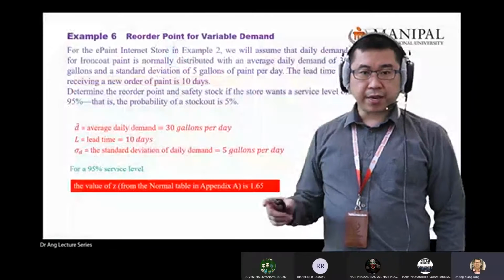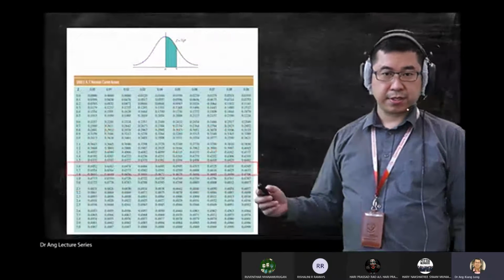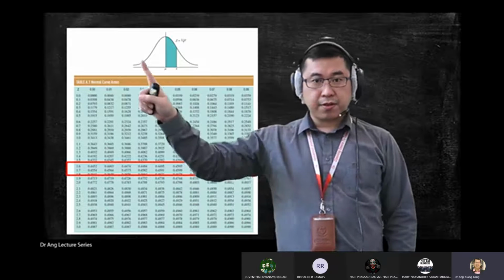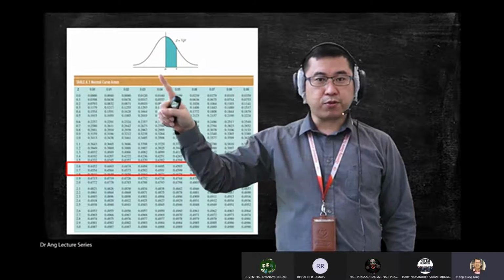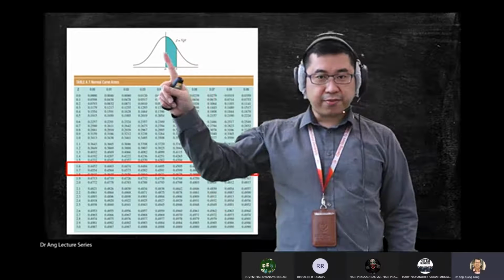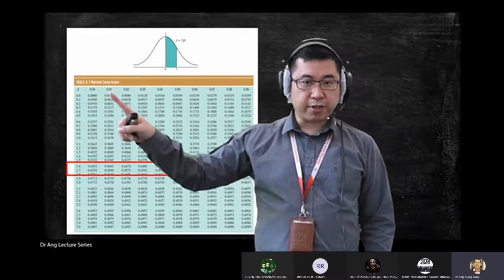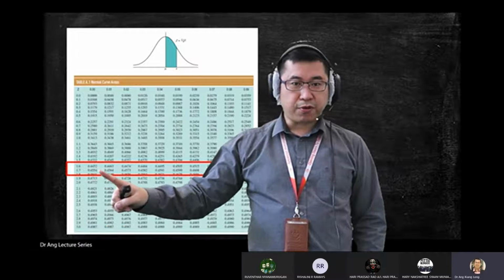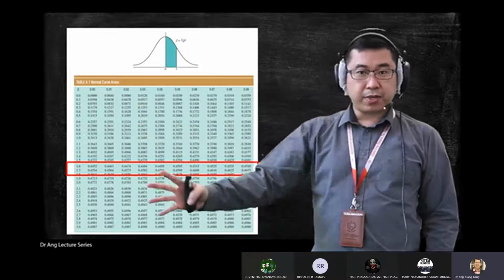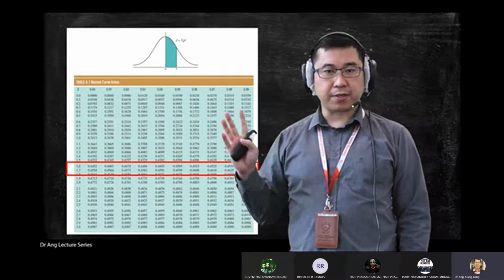So where is 95%? You want to find 95%, so how do you get it? You know the whole graph is chopped into half, 50% on the left and 50% on the right. How do you get 95? 50 plus 45. Where is 45% on the graph? There is a value here, which is 0.45. If you're not familiar with this, please go back to your mathematics textbook. This falls under the statistics chapter.